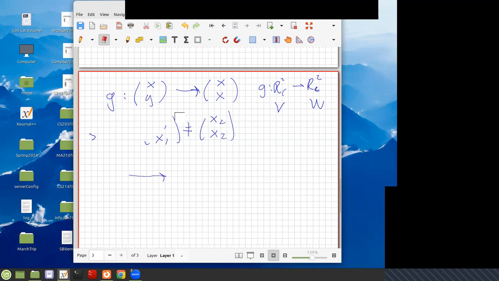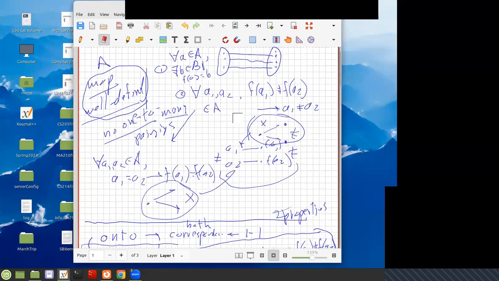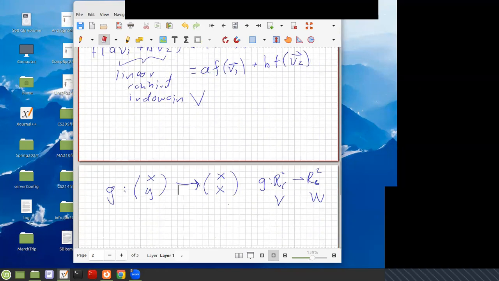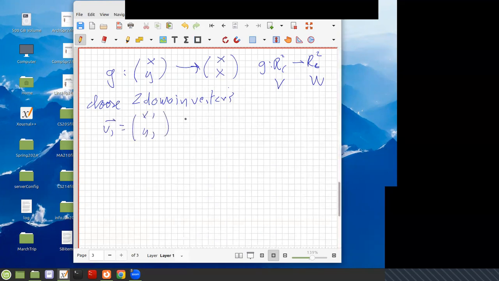Let me start again to make this a little clearer. Let's choose which of our conditions for well-definedness we want to look at. We can look at the first one or the second one. Let's look at the second one. Choose two domain vectors, V1 equals (x1, y1) and V2 equals (x2, y2).